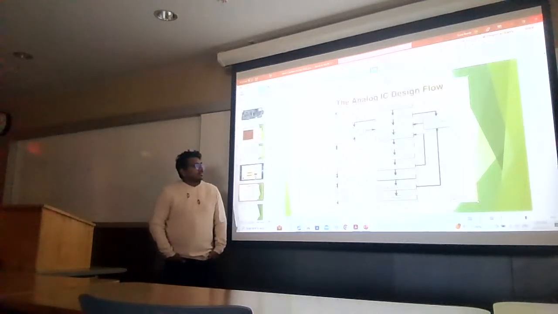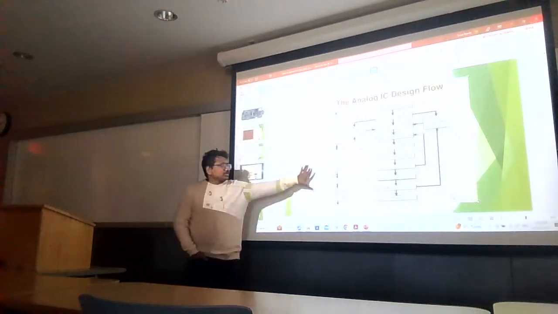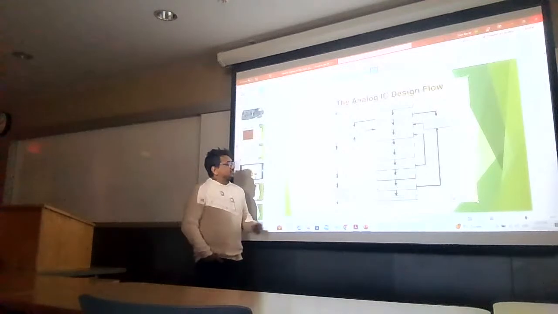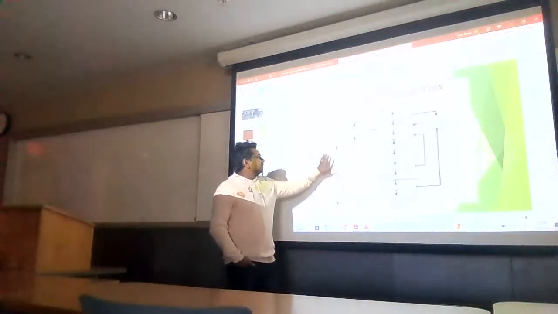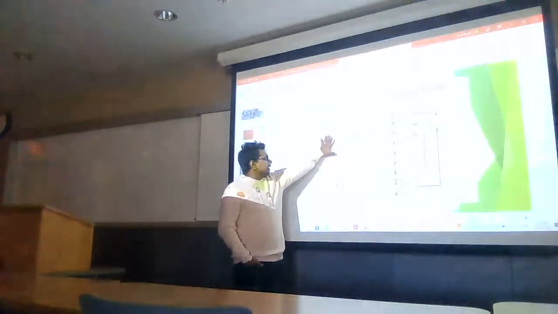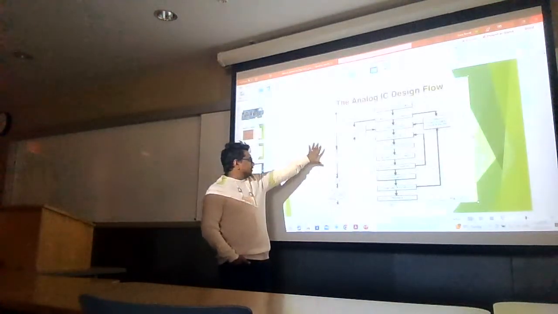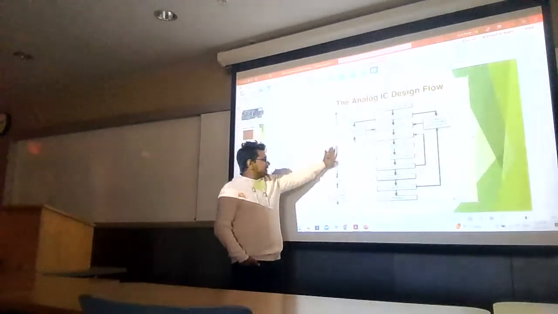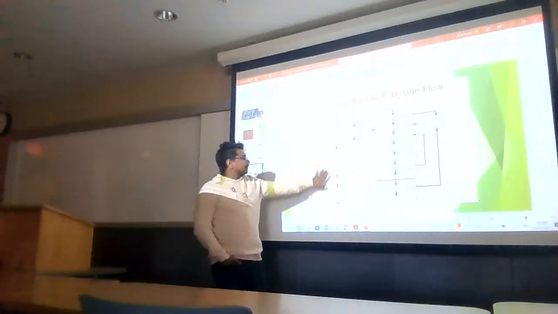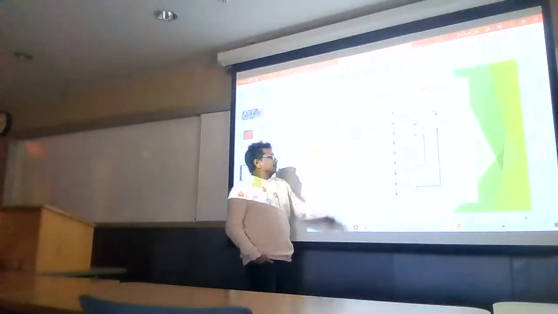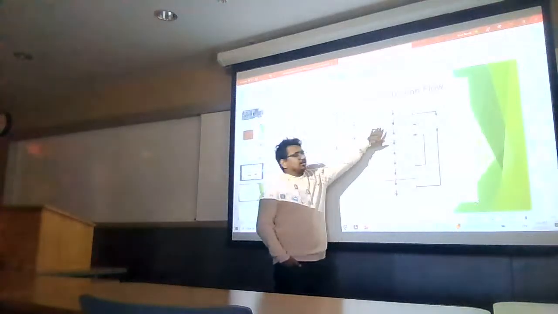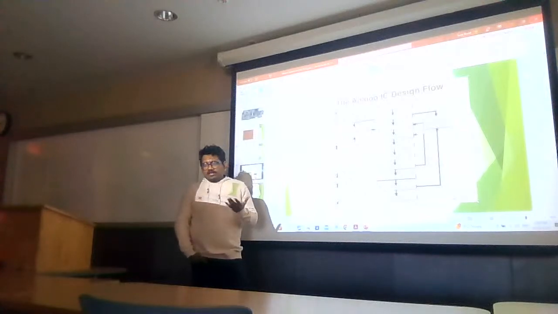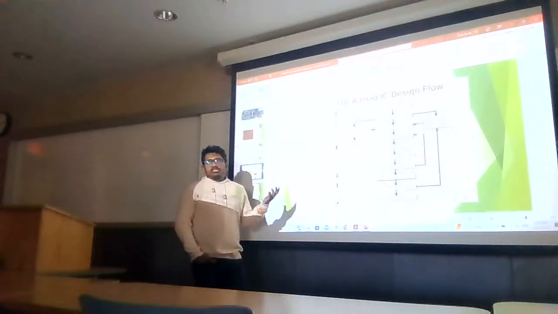Okay, I want to start with just a basic design flow, which I also discussed previously, I think on Saturday. First of all, we can split the IC design flow into 3 to 4 steps. First is the circuit design engineer. In every step, there are a couple of engineers. The design team first considers the concept of the idea and specifications.